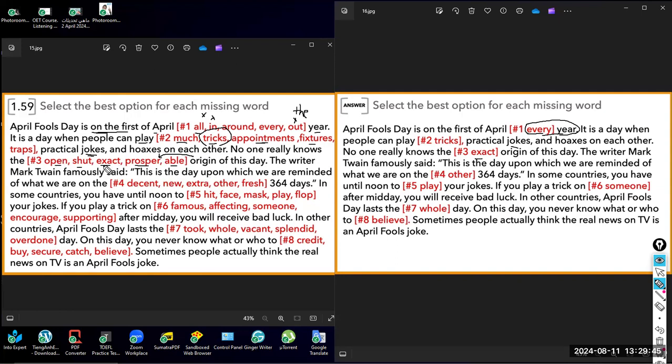So I have to say, I cannot know the exact day, or the exact time, or the exact any time, for example, for mentioning this day. So I have to say the exact day, or the exact origin of this day. Okay, so this is the day upon which we are. I have to read from here.